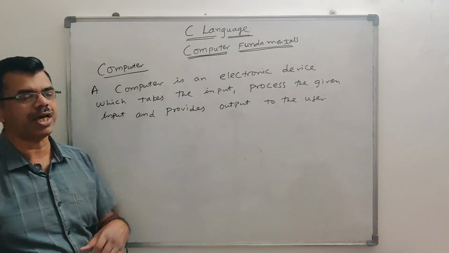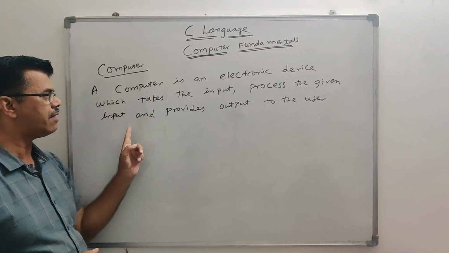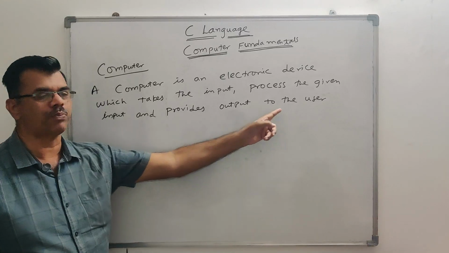How to define a computer? It's an electronic device which takes input, processes the given input and provides output to the user.